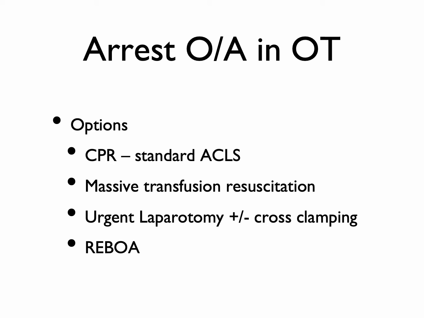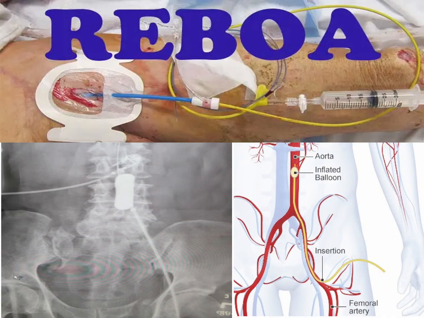Or there's another nifty bit of equipment that's come out in the market in the last 10 years that they're using a lot in trauma, and that's called REBOA. So REBOA stands for Resuscitative Endovascular Balloon Occlusion of the Aorta, and it's indicated in ruptured AAAs, postpartum hemorrhage, or massive unstable pelvic fractures.